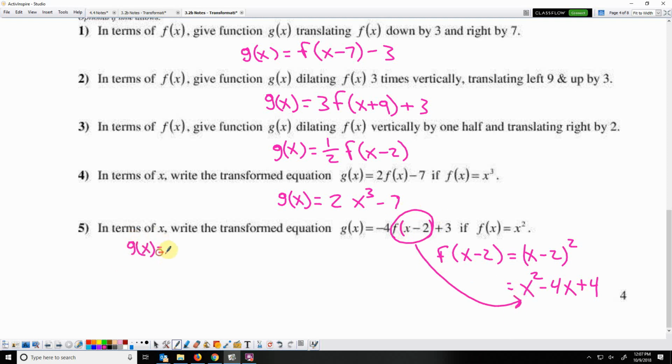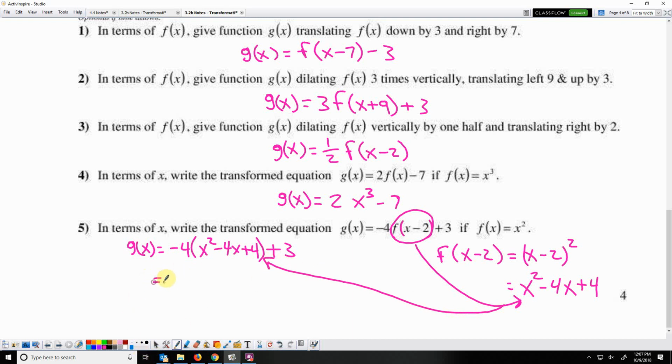So g of x equals negative 4 times x squared minus 4x plus 4, plus 3. So I've taken that f of x minus 2 and put its value right there.